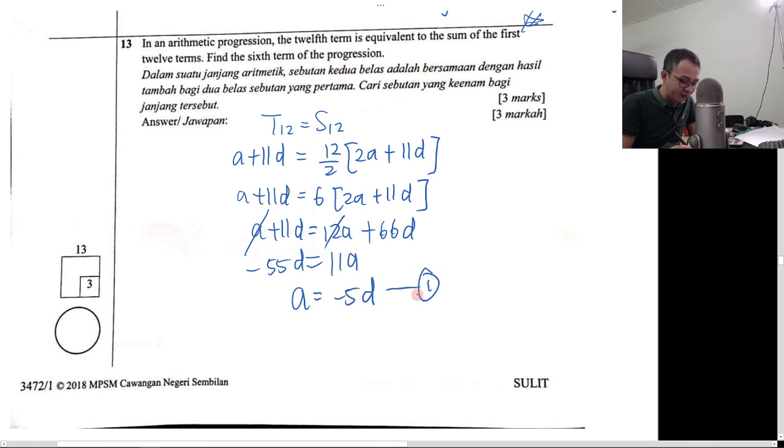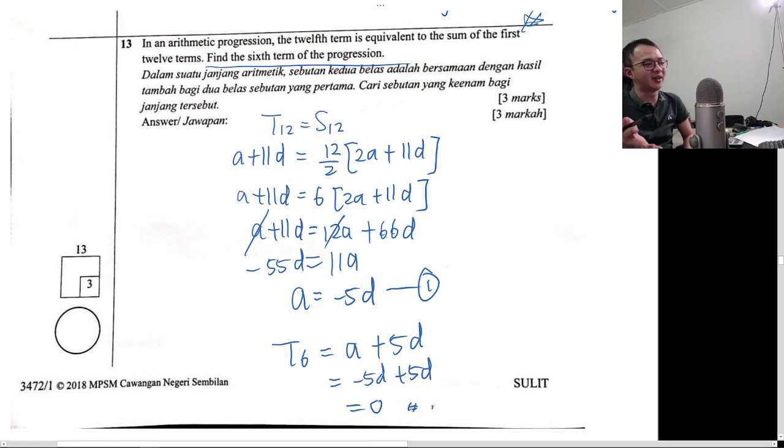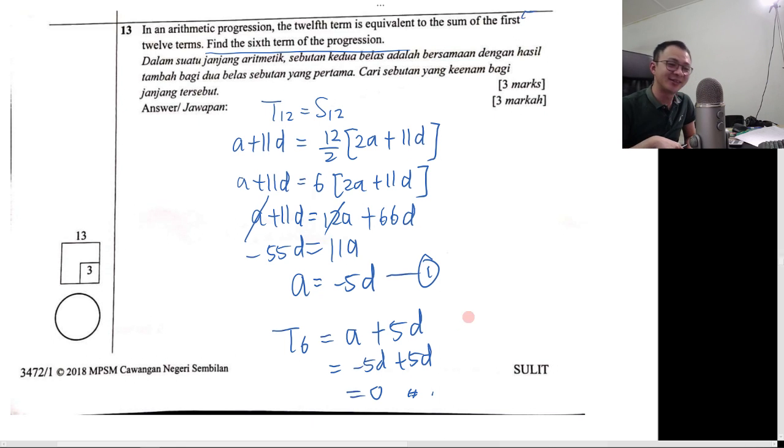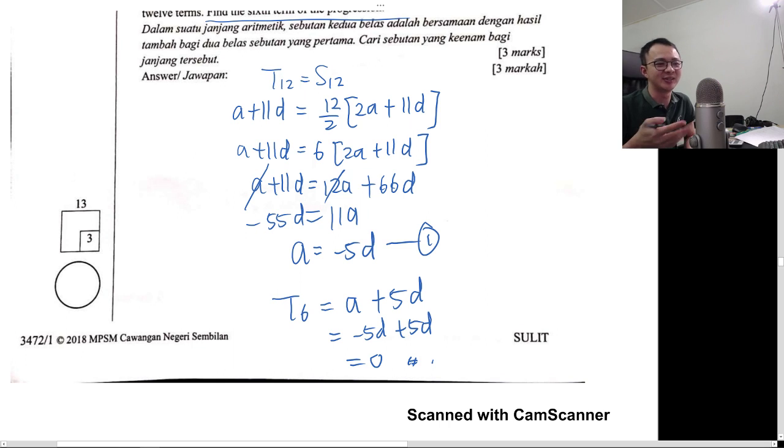Okay, I'm going to call this the first equation, and then the question asked me to find the 6th term. T6 equals a plus 5d. And I got my a value: a is negative 5d plus 5d equals to 0. So my 6th term over here is just 0. Yeah, and for this question you don't use logic to think, because this question itself is not logical. But anyway, I guess this is the way of doing this.